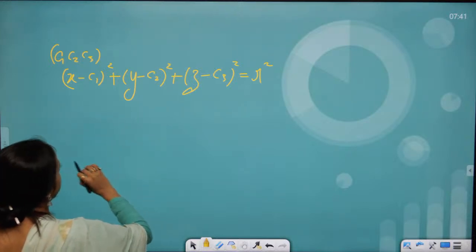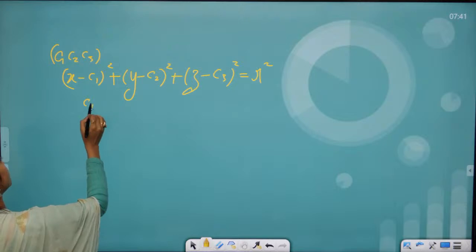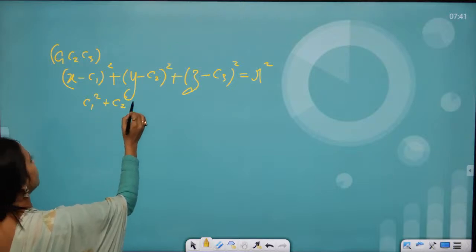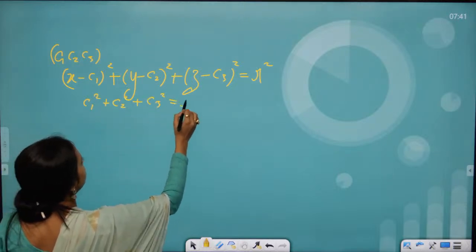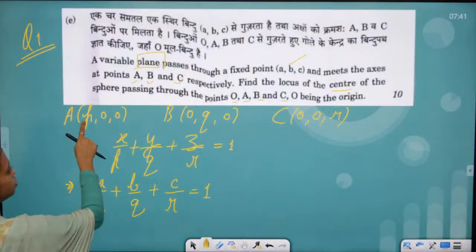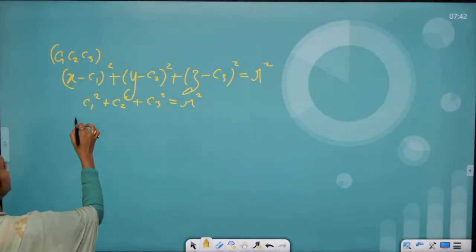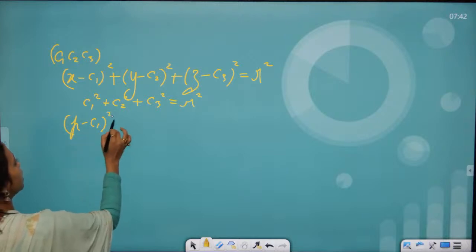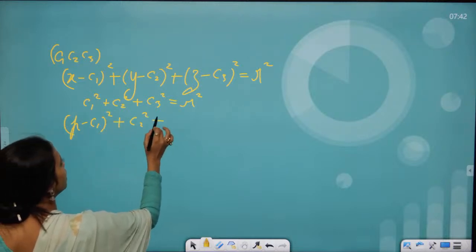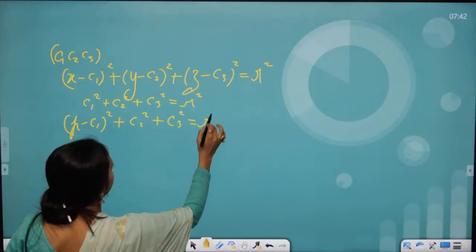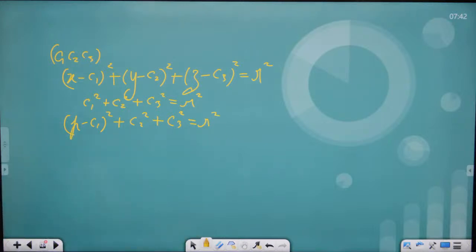Now 4 points pass through it. One is the origin. Origin will give you c1 square plus c2 square plus c3 square is equal to r square. 1 point A passes through it. That means p minus c1 square plus c2 square plus c3 square is equal to r square, right? After that, just substitute all the points.